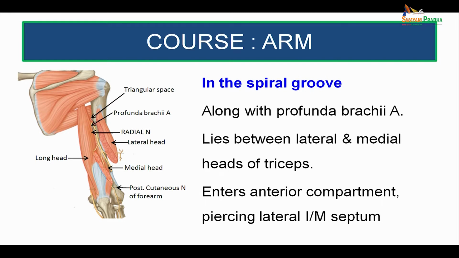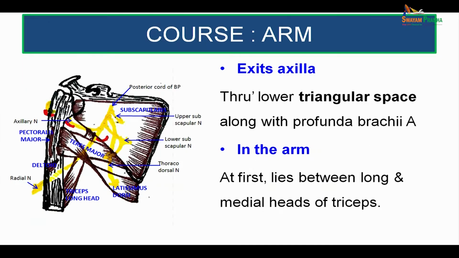Now, as the nerve exits the axilla, it enters into the arm through the lower triangular space along with the profunda brachii artery. Now, what are these spaces?